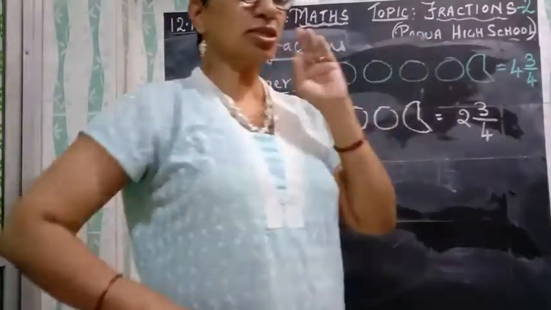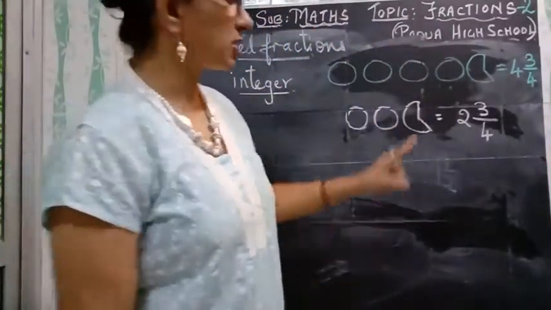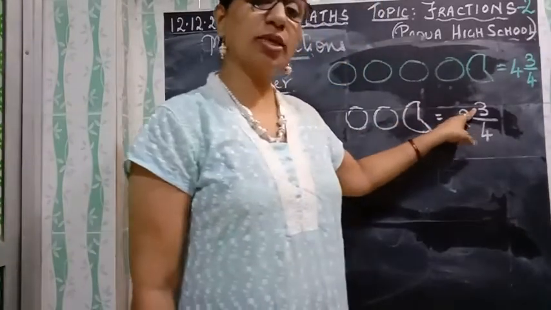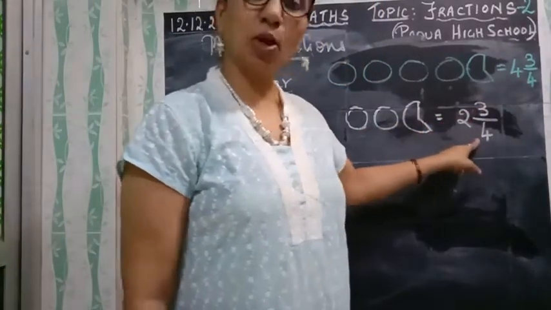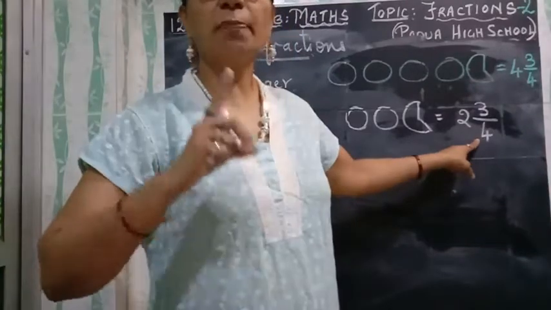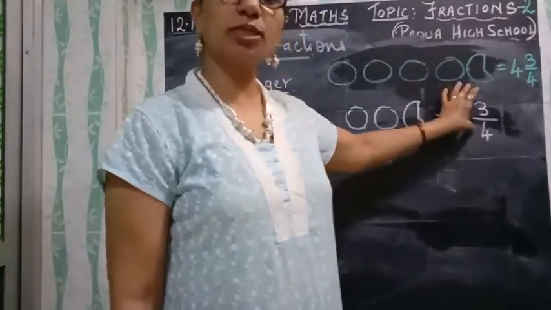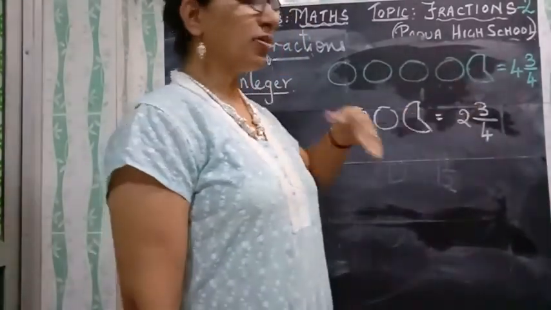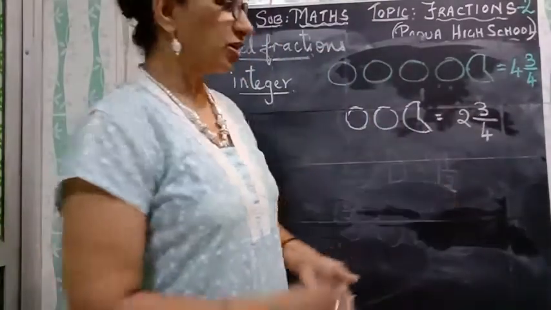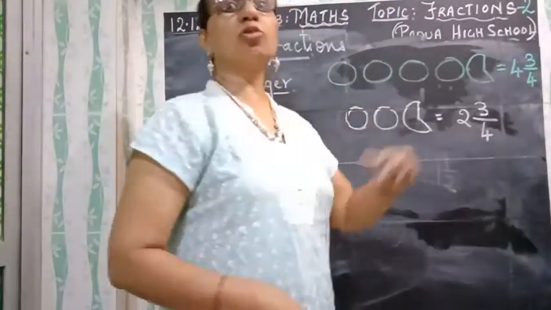Now this is just for your information. Proper fraction means the numerator is always smaller than the denominator. The denominator will always be bigger than the numerator. They are called proper fractions. And then you have improper fractions, the opposite of this, where the denominator is small and the numerator is big.